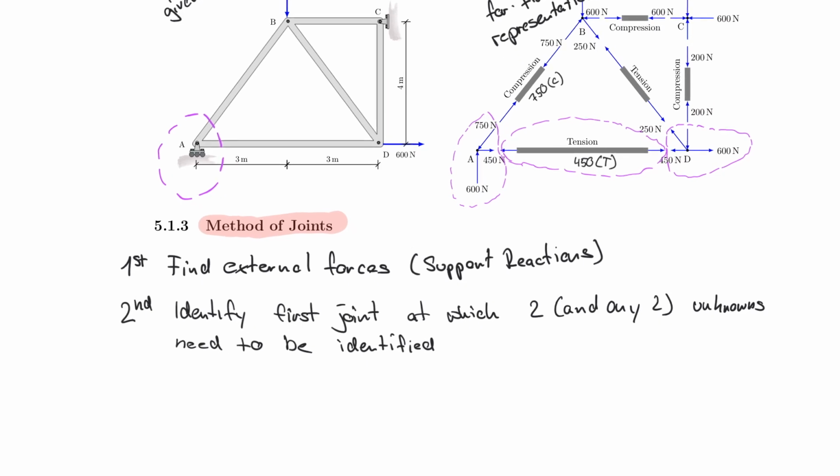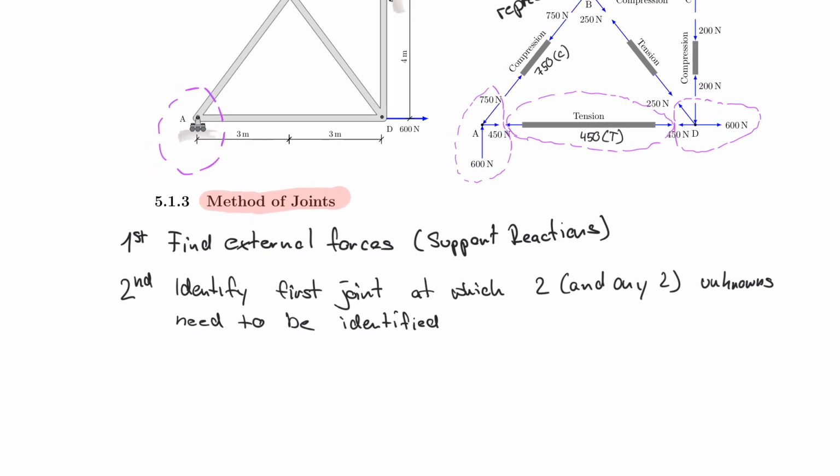So now in this third step, after you found that node, you release the node. Third, release that joint or node and draw its free body diagram.